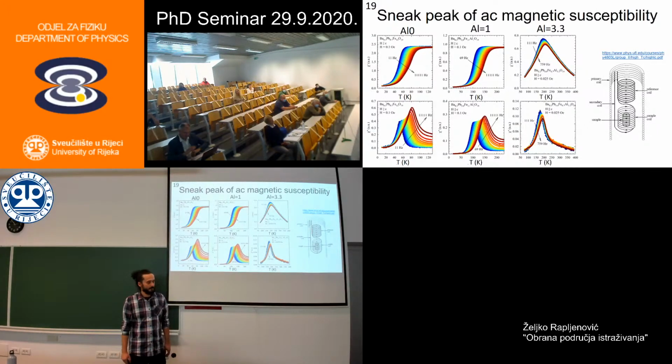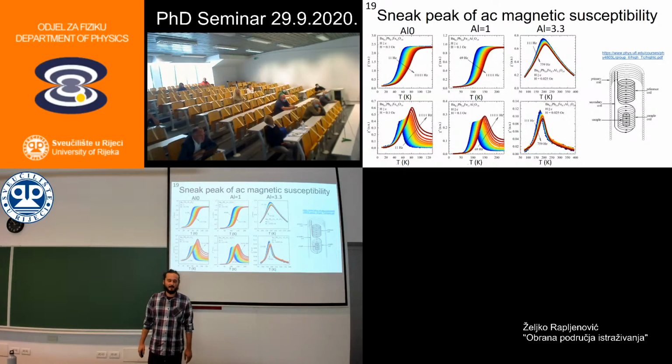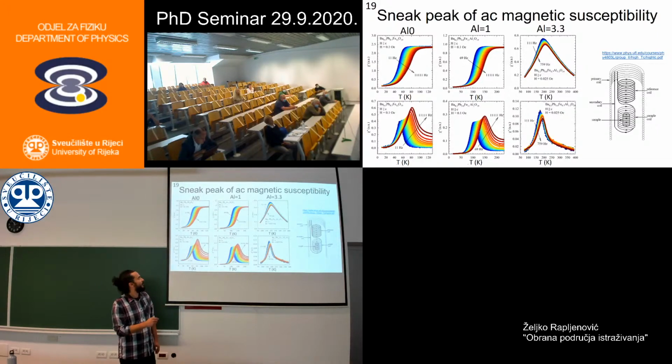an AC susceptometer. AC susceptibility measurements give us a complex susceptibility. So here the rows represent the real and imaginary parts of susceptibility, and we have this feature I showed you earlier in the birelaxer-like response.